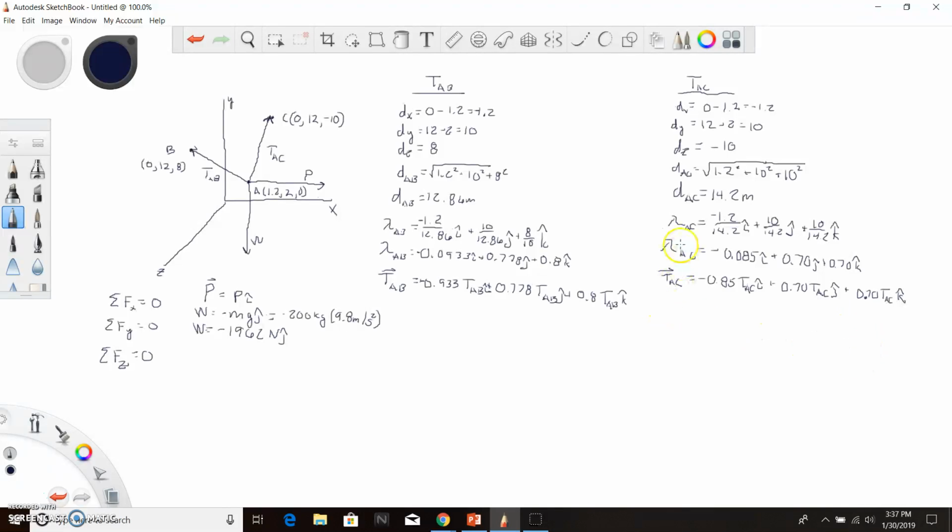Let's take the x direction first. The sum of the forces in the x direction has to equal 0.